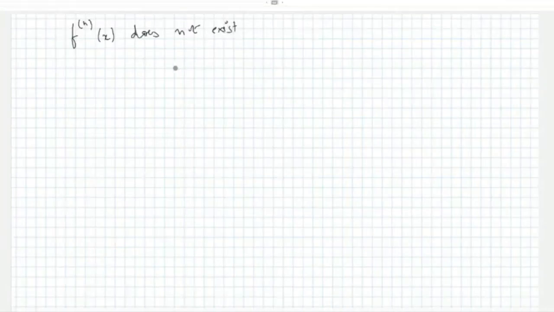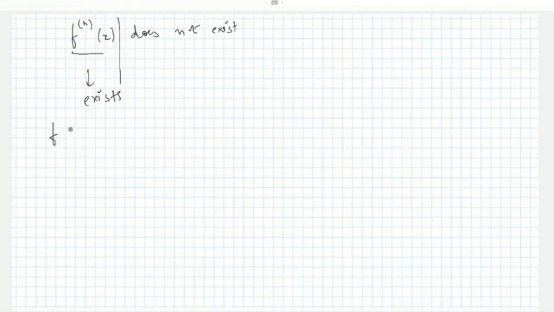It is quite possible that f^(n)(x) does not exist; it is not necessary that you calculate all derivatives and all of them exist. So if the nth derivative of f(x) exists, then we say that the function is n times differentiable at a particular point x naught.